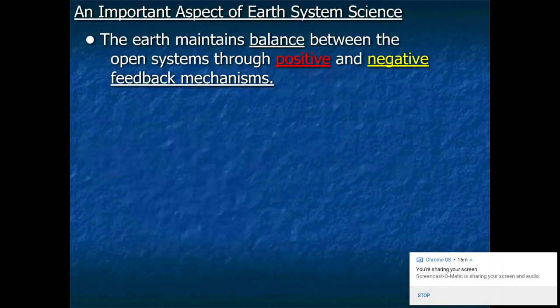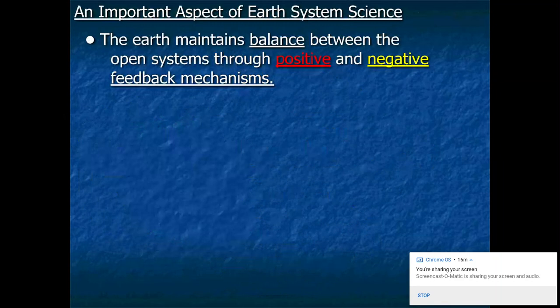So one of the important aspects regarding an Earth system is how, in terms of the atmosphere, the lithosphere, and the hydrosphere, balance is maintained within these systems to allow the Earth to exist and to allow humans or organisms on Earth to exist as well.